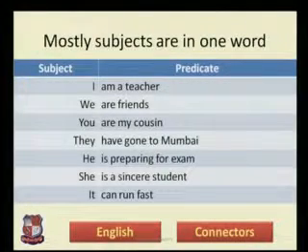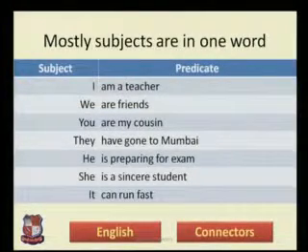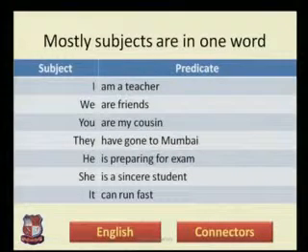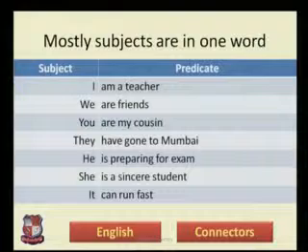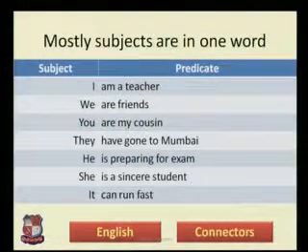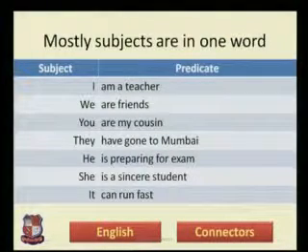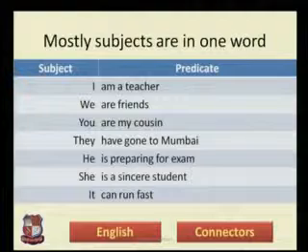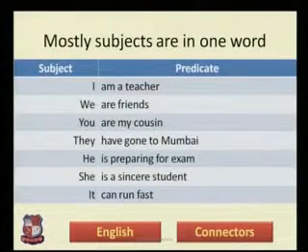Interestingly, the predicate is made of three components. Am is a verb, a is an article, teacher is a noun. So in this sentence, I is a subject, am is a verb, a is an article, teacher is a noun. A teacher collectively becomes a complement to the subject, that is, for I.